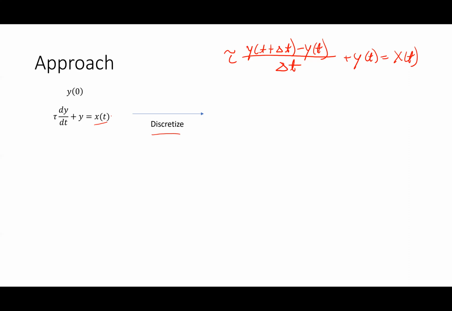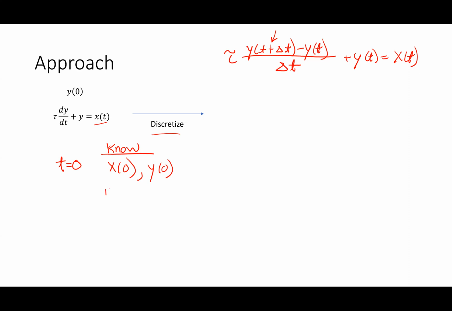Well, I wouldn't know y at time t plus delta t. So let's think about it. At t equal to 0, I would know x of 0 because I would have to give you an input. I would know y of 0 because I have to give you an initial condition.